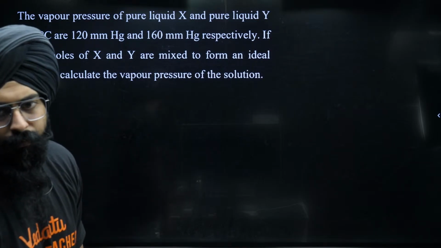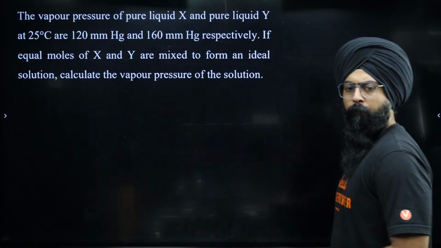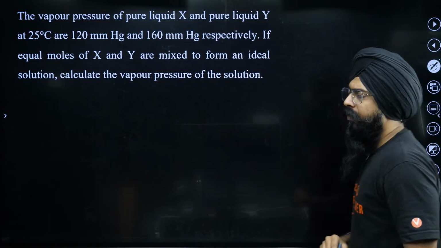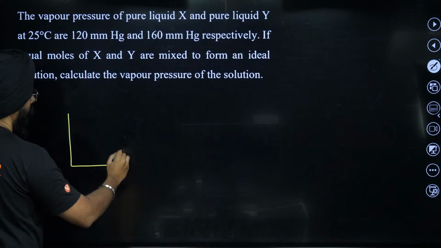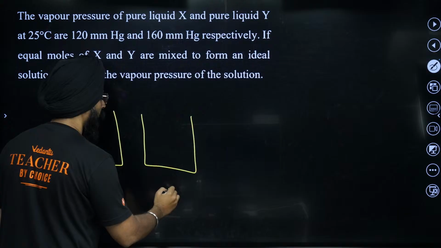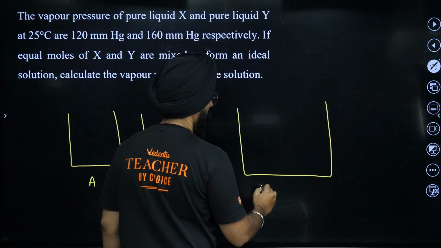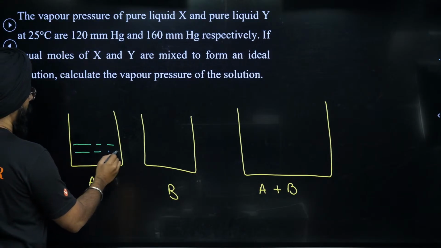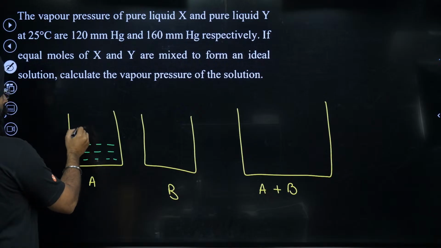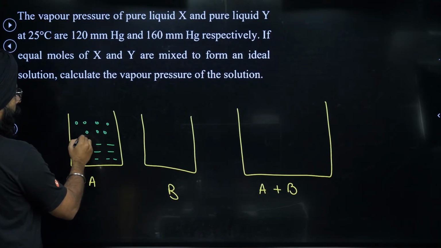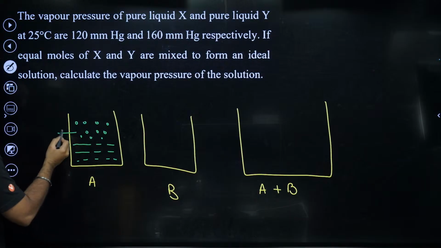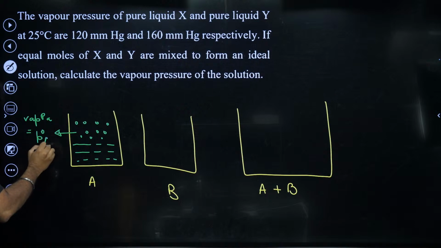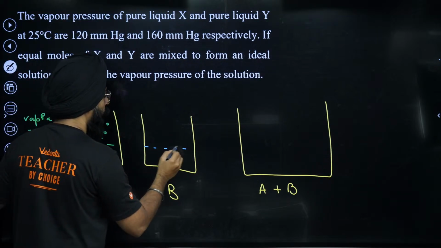Let's go to Raoult's law now. So what happens in Raoult's law, people? A, B, A plus B. So Raoult's law says that if initially we have a volatile liquid A, which will have some gaseous particles on the top, and the vapor pressure of A equals P naught A. For B, it is a volatile liquid.